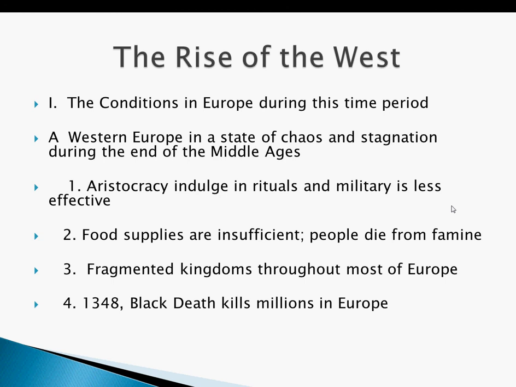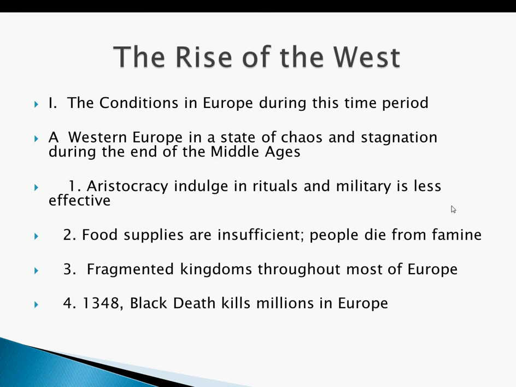Now, the conditions in Europe during this time, you know, when we look back in the Dark Ages, we know that it's a period of stagnation, feudalism, the ruling class were really the only ones who could afford an education.